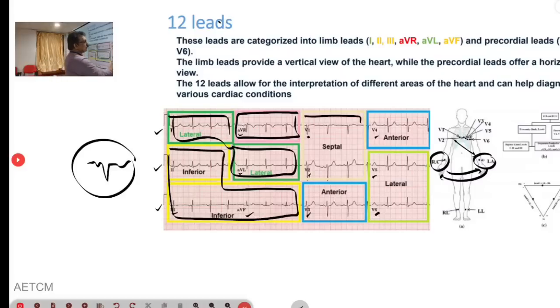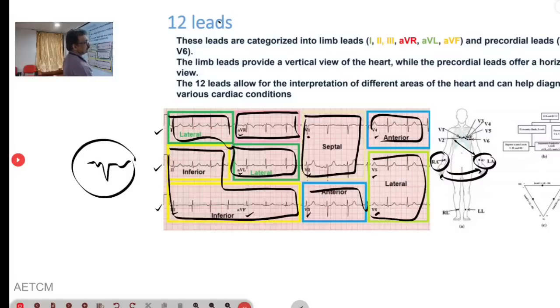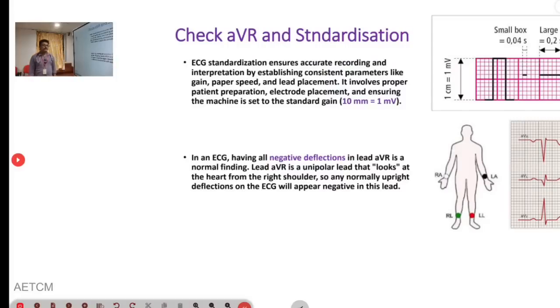V1, V2 is septal. V3 and V4 are anterior leads. V5, V6 is lateral. You can see here 1, AVL and V5, V6 will be lateral. These are the categories of leads which are placed during ECG taking. So we'll see each change separately.